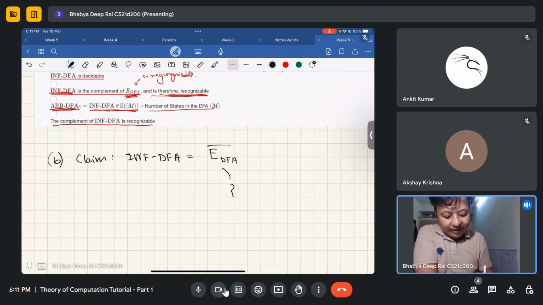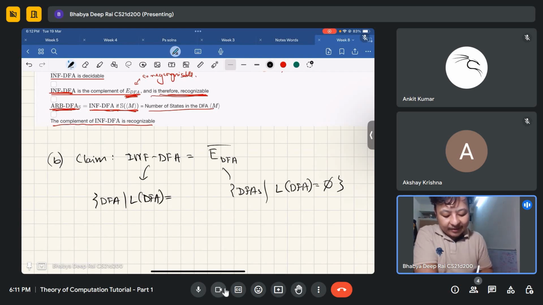This is the set of all DFAs such that the language of the DFA is empty. This is the set of all DFAs such that the language of the DFA is infinite, or in other words, is not finite.